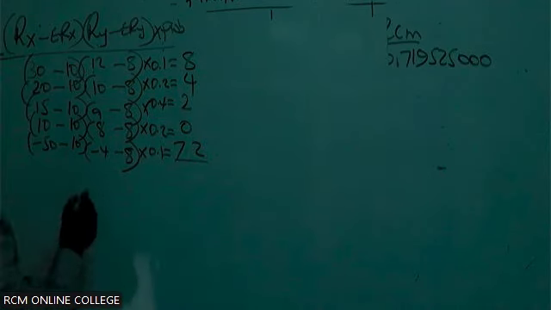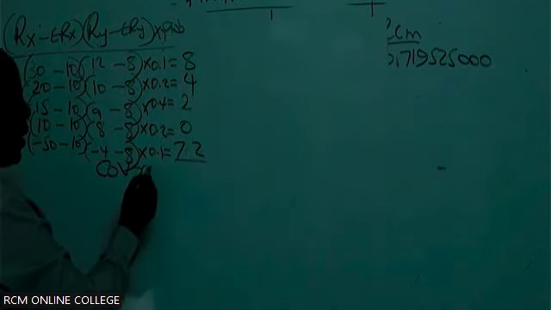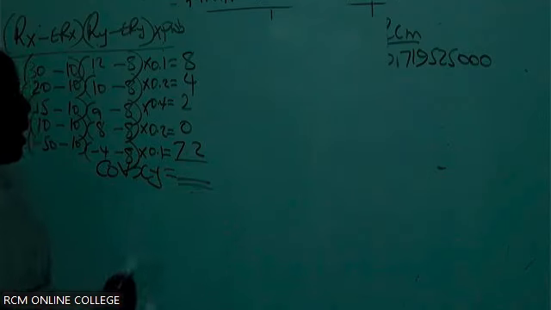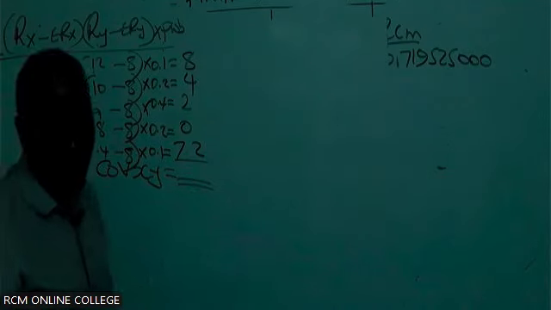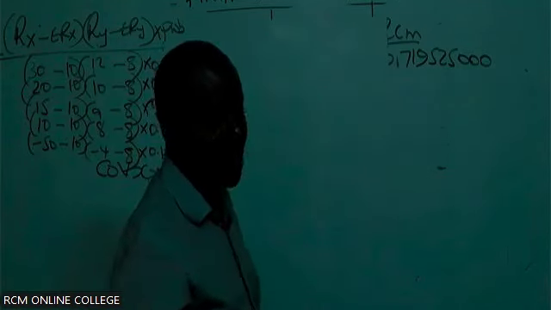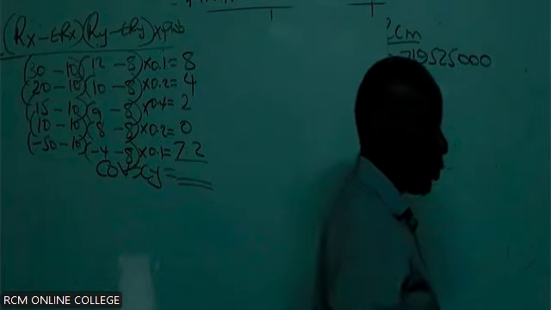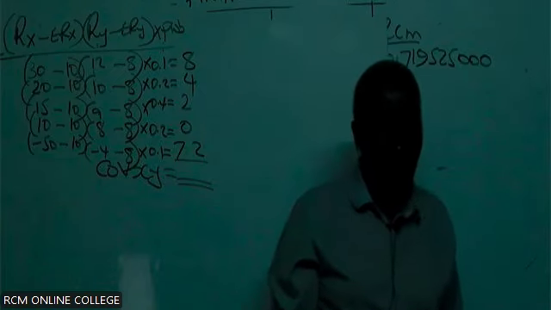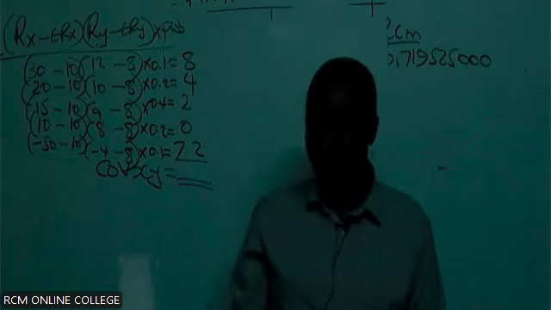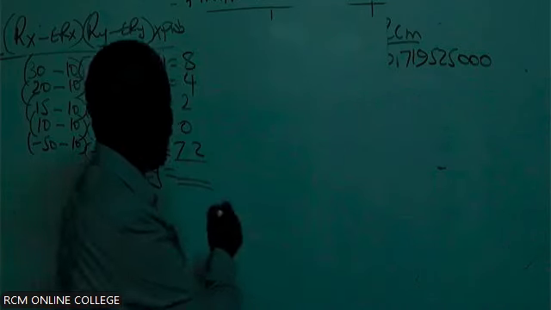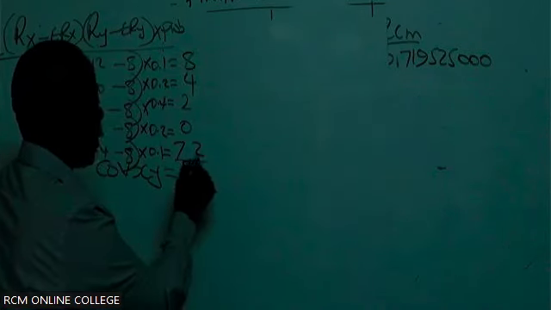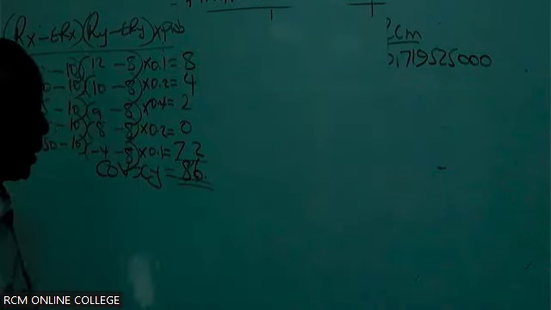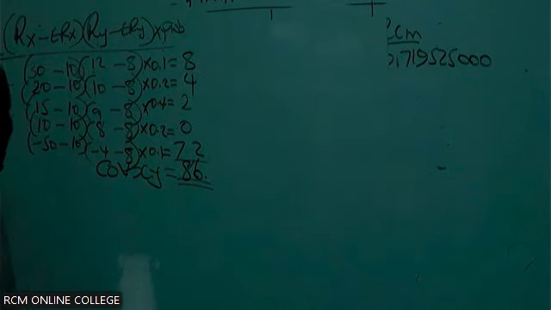Then you add them up, and whatever you get is the covariance between these. So the covariance will be 86.